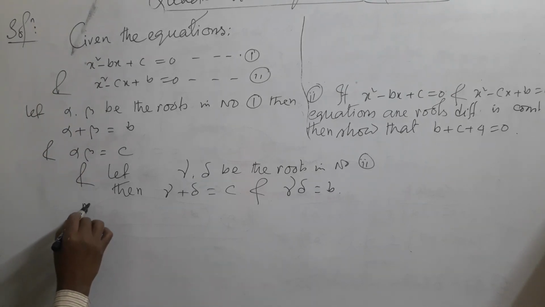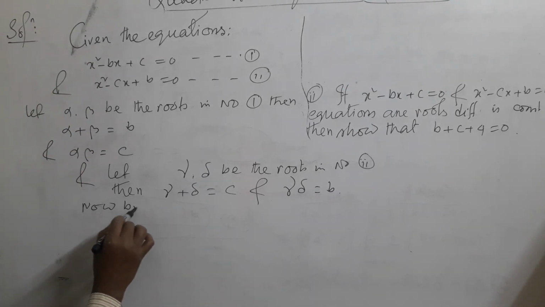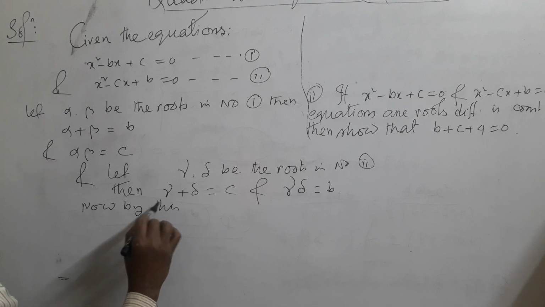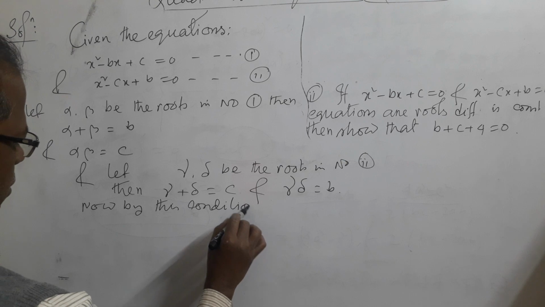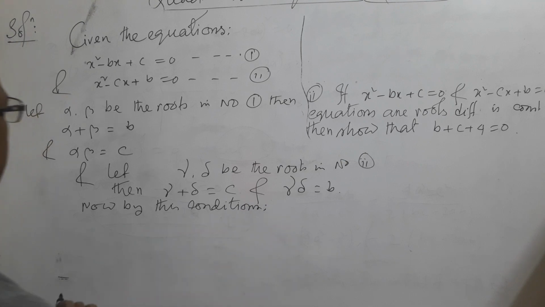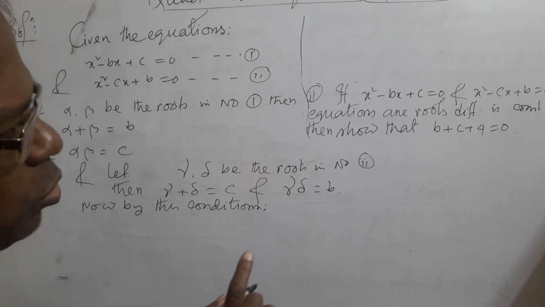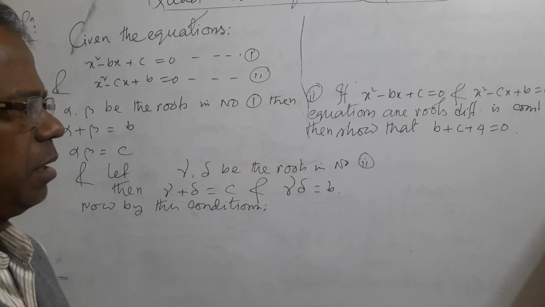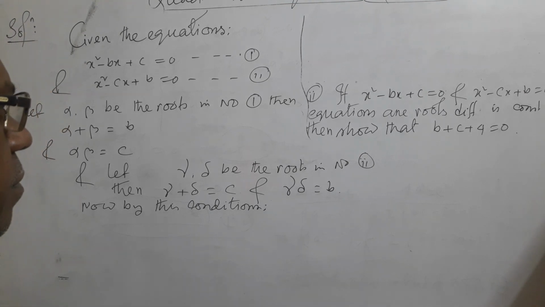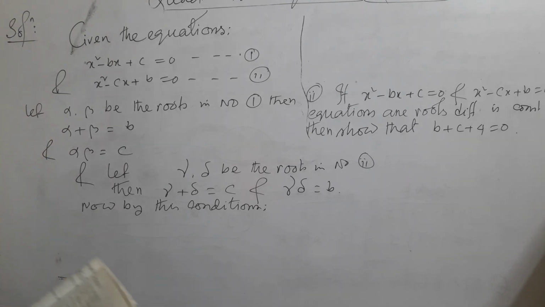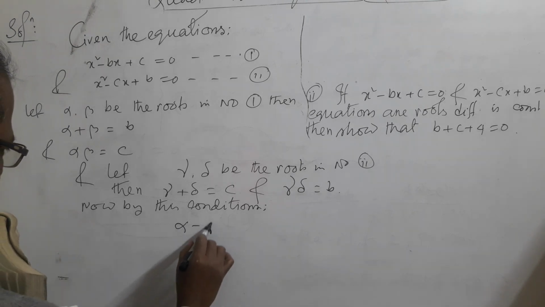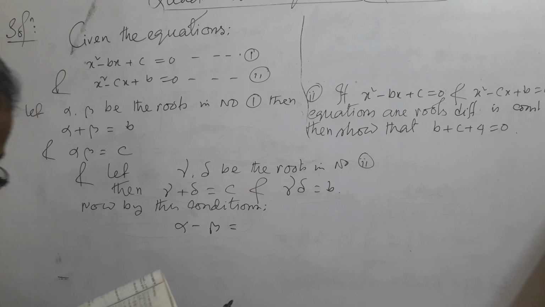Now by this condition, their roots' difference is constant. So alpha minus beta and gamma minus delta.